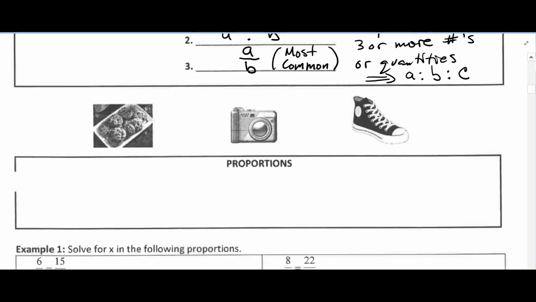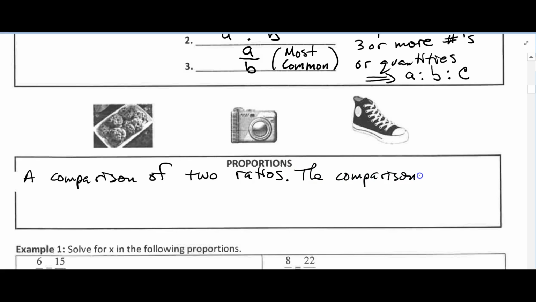Alright, moving on to proportions. So a proportion is a comparison also. A comparison of two ratios. So now we're going to compare two ratios. And the comparison states that the ratios are equal.